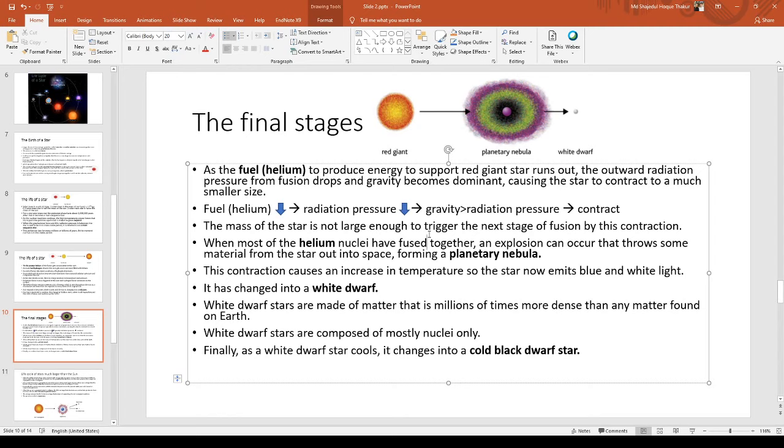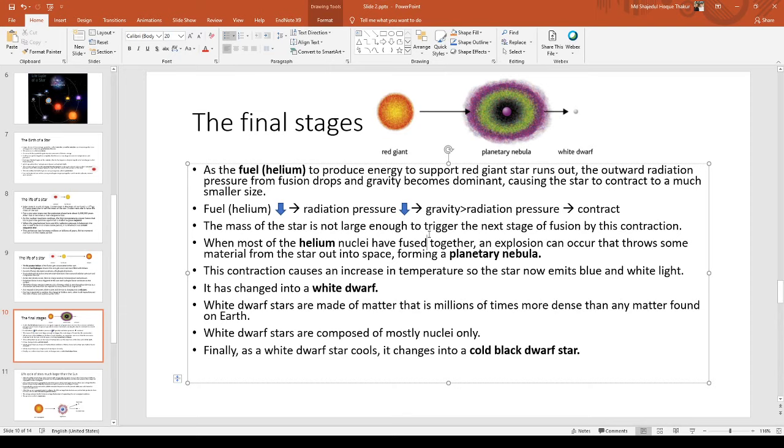So in the old age of the white dwarf, it does not have any nuclear fusion to carry out anymore. It just emits light from the energy that it had previously produced, right?